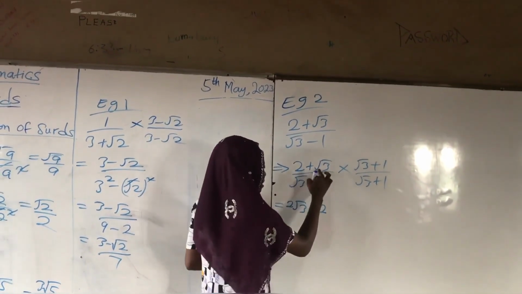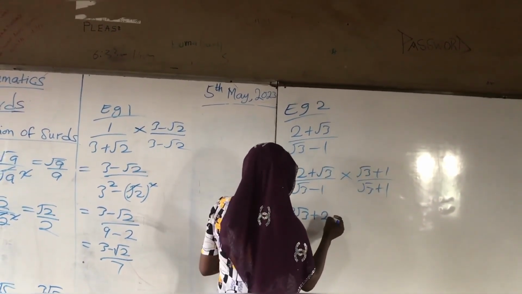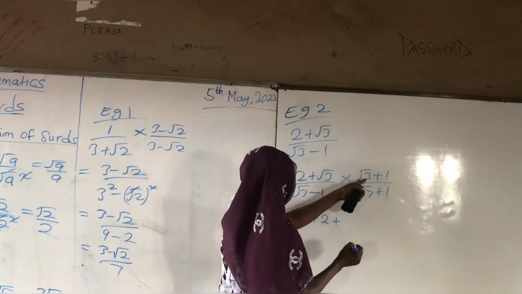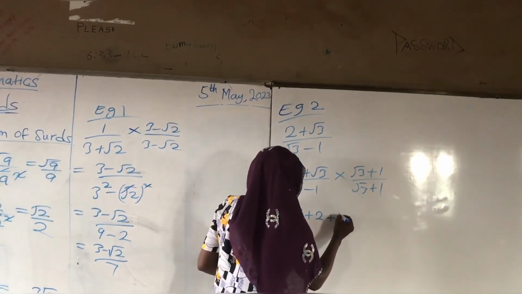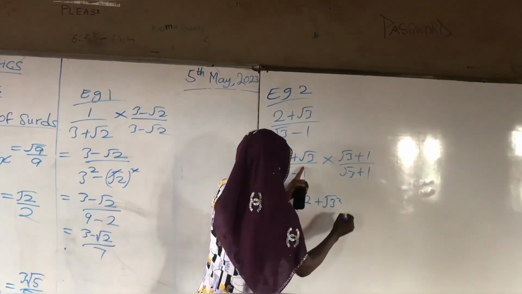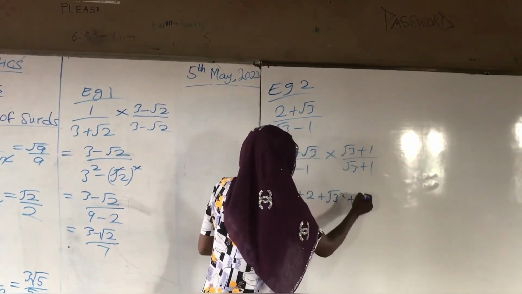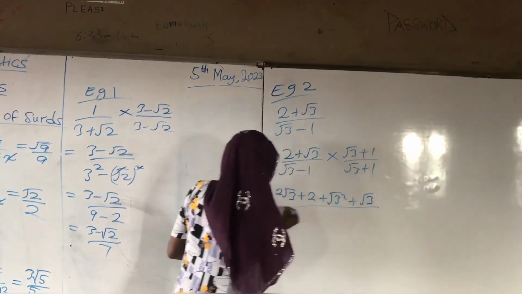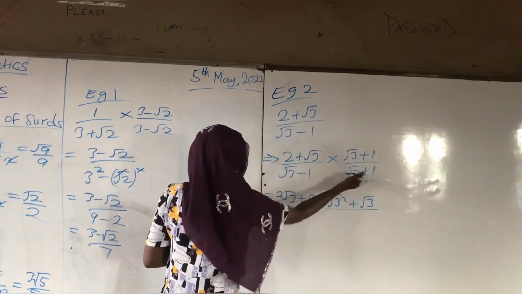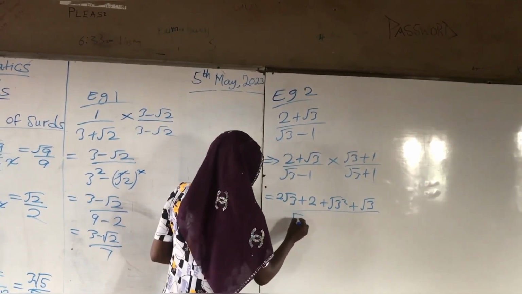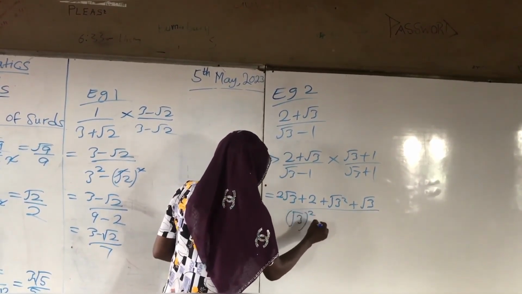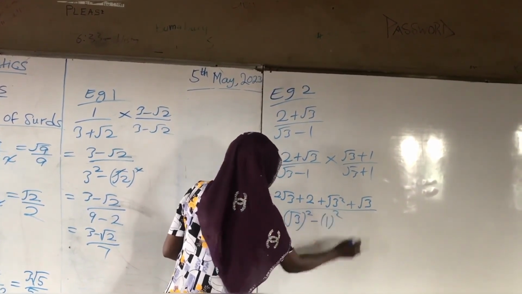After that, you multiply √3 by the whole of this bracket. √3 times √3 will give us (√3)², plus 1 times √3 will give us √3. All over the denominator, which is a difference of two squares, so we have (√3)² minus 1².